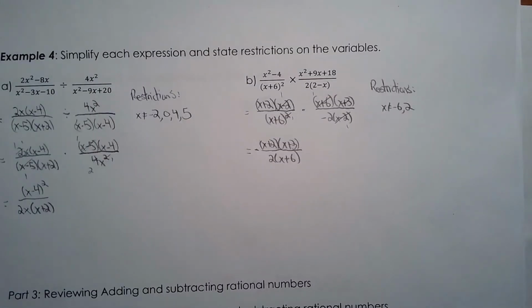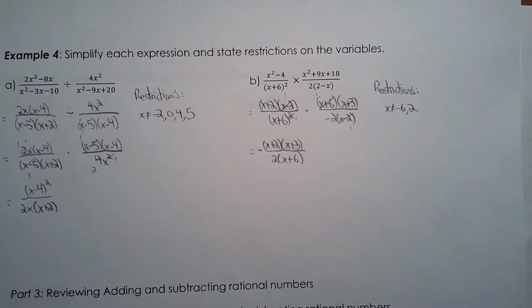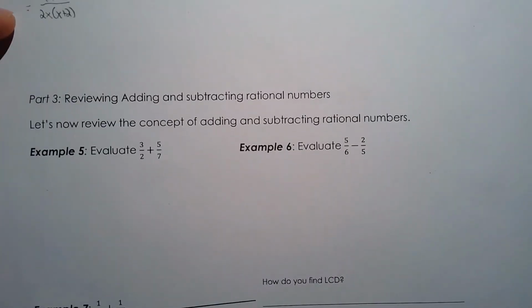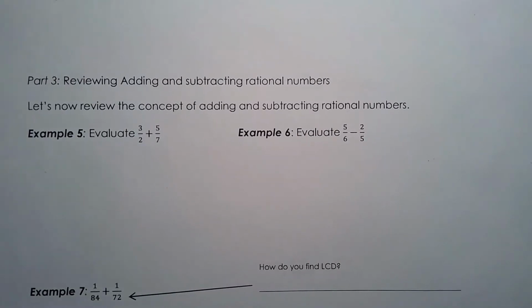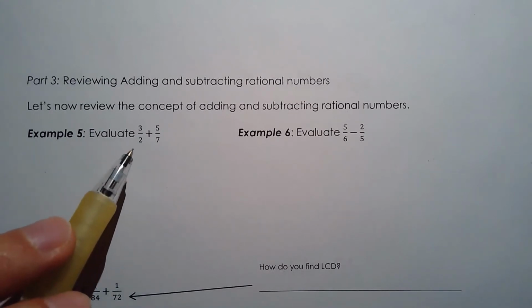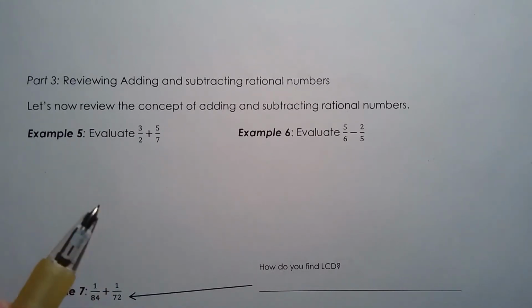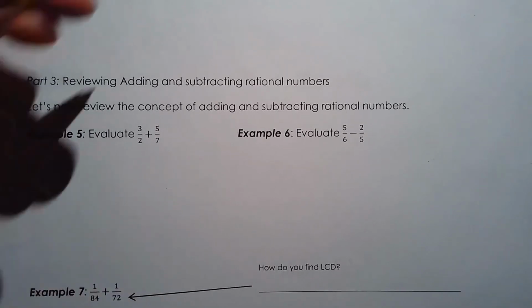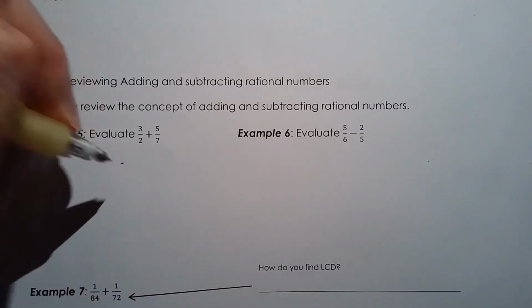Okay, so now we are ready to add and subtract rational numbers, because that's going to help prepare us to add and subtract rational expressions. All right, we have 3 over 2 plus 5 over 7. When you add or subtract rational numbers, it's different from multiplying and dividing in the sense that you need a common denominator. Okay, so between 2 and 7, the lowest common denominator is 14.